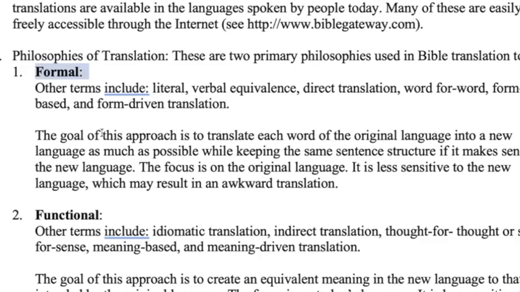Now, sometimes we cannot go word for word, because if we did that, the English would not make sense, because the word order in Hebrew and Greek is sometimes different. You might have the verb later on, or the subject later on. In English, we have subject, verb, object, and so on. So you cannot always go word for word. But the formal translations tend to be more literal.